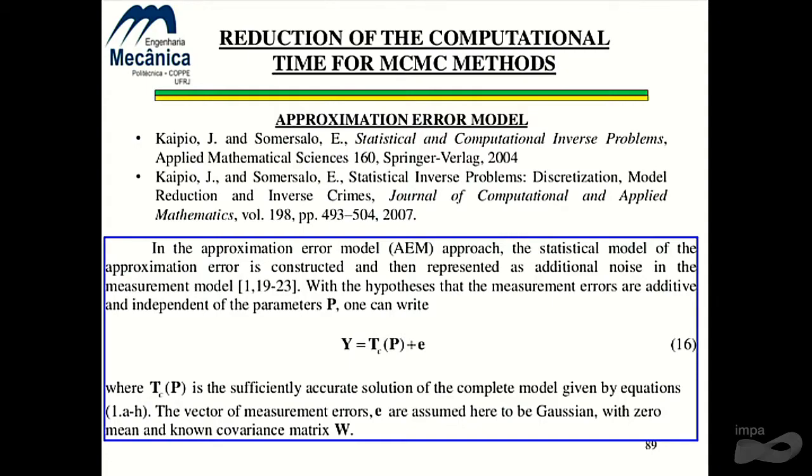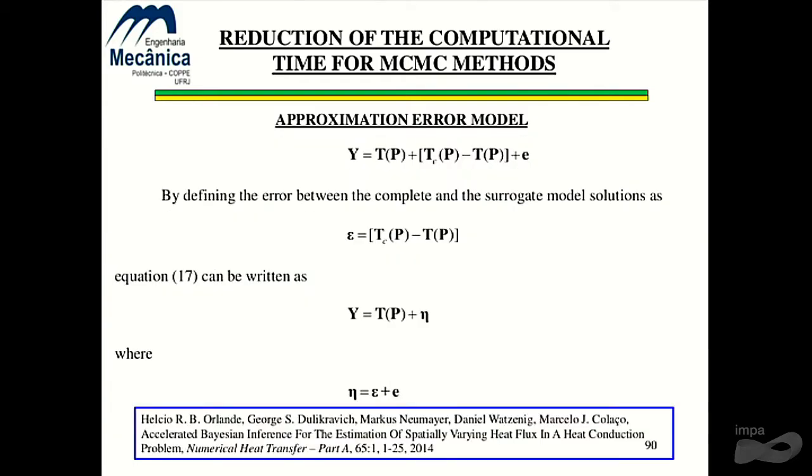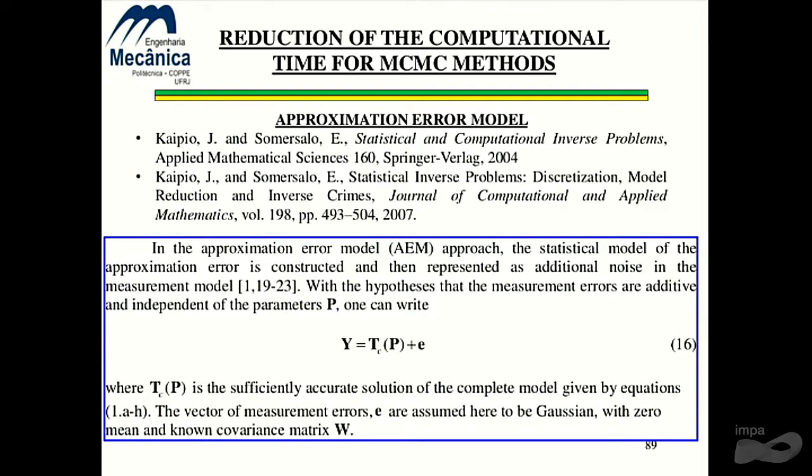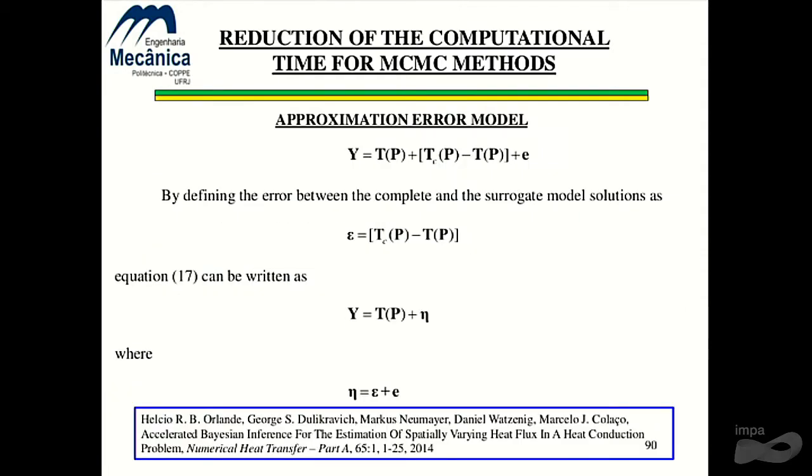Which was additive, and in some sense we assumed that the error was also Gaussian with zero mean and a known covariance matrix W. Okay, but we don't want to work with this complete model because the computation of the likelihood would be too expensive. Okay? So we want to work with a simpler, reduced model.